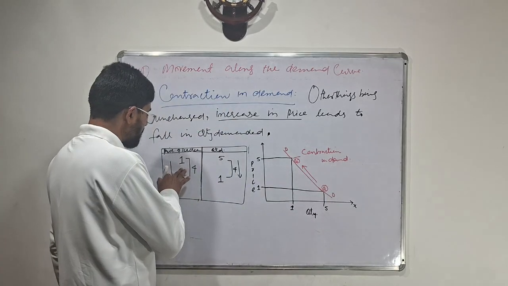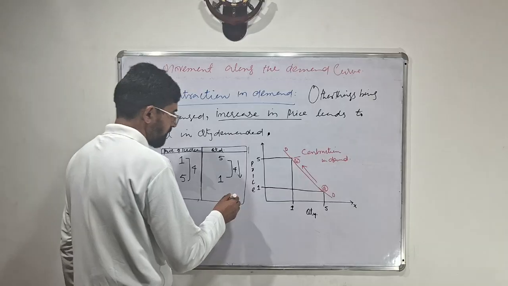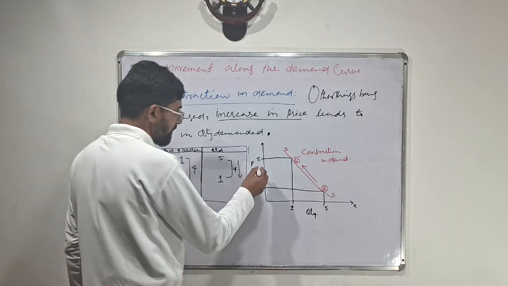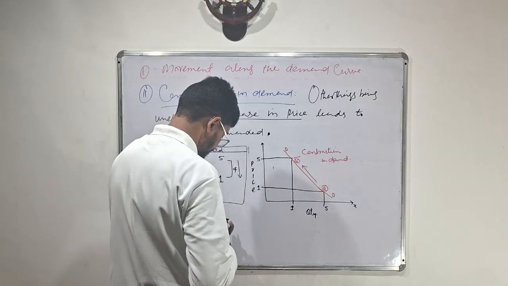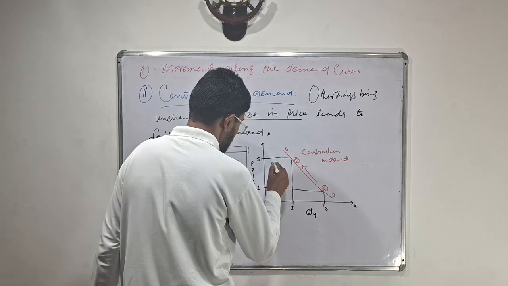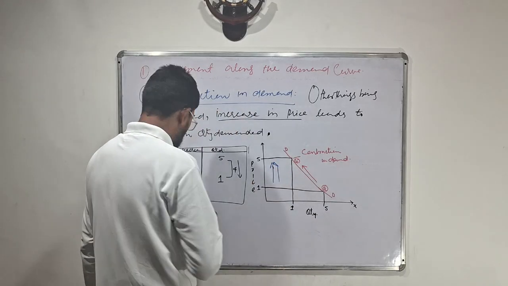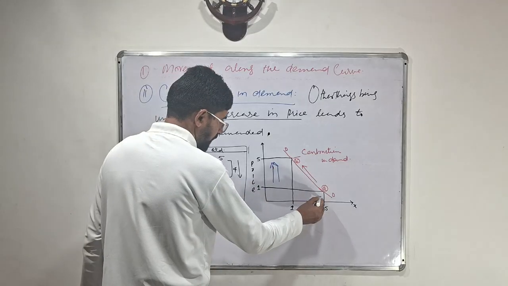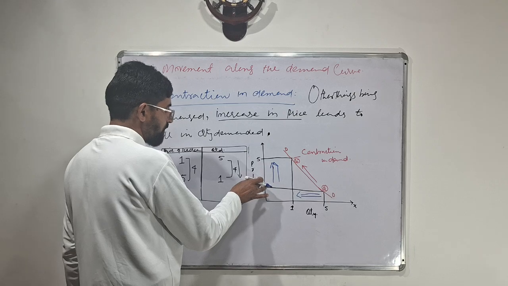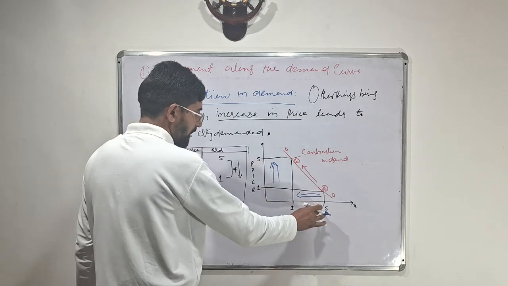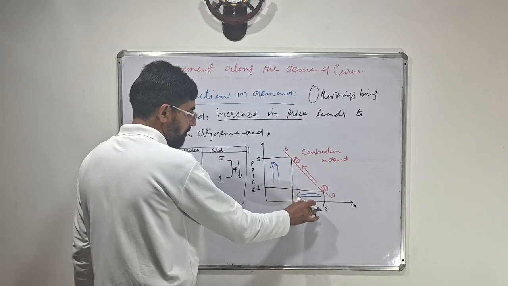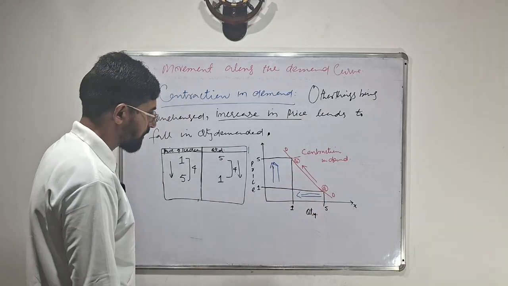As the price increases from 1 to 5, quantity demanded falls from 5 to 1. Means when price increases from 1 to 5, a 4 unit increase in price leads to a fall of 4 units in quantity demanded.